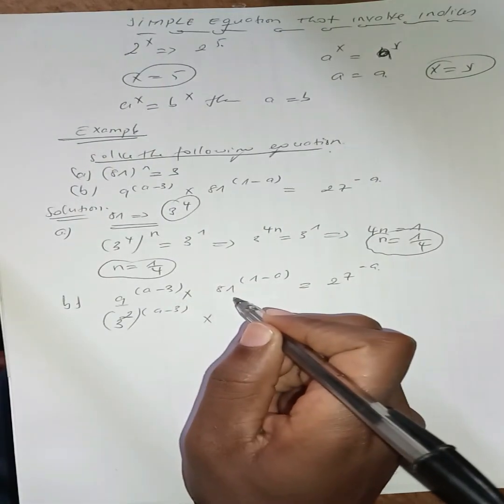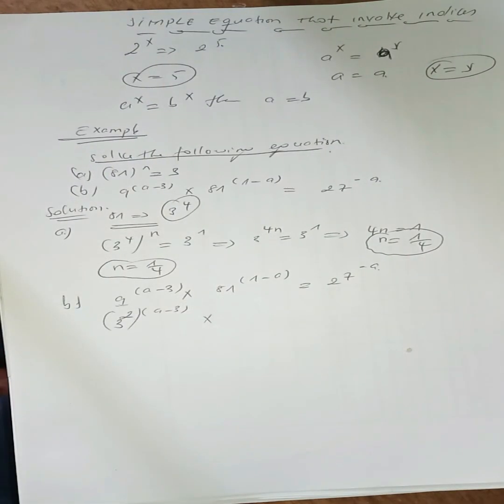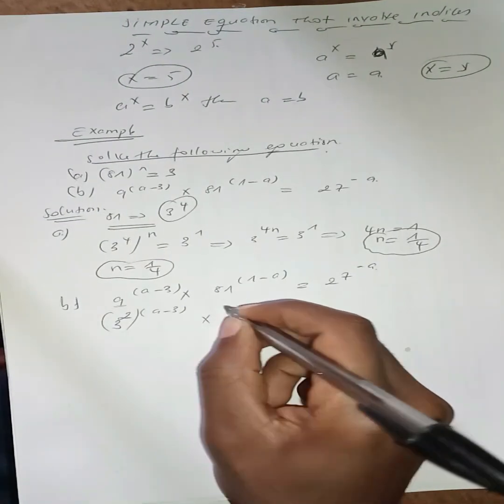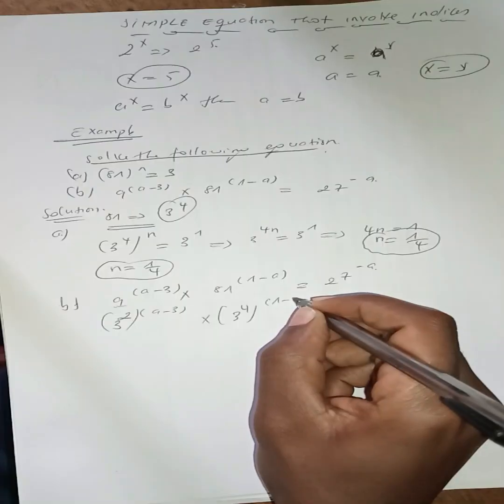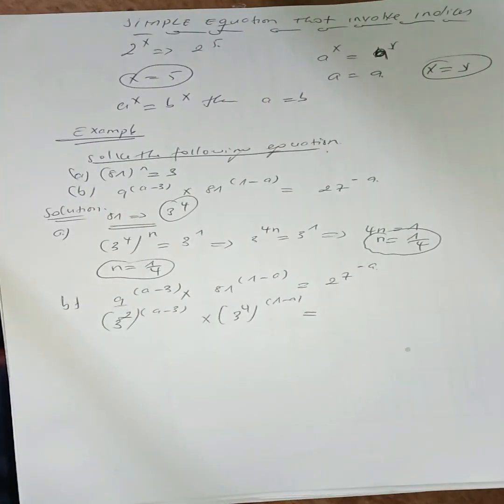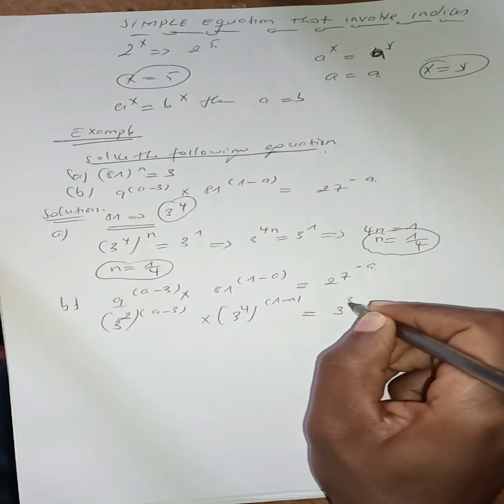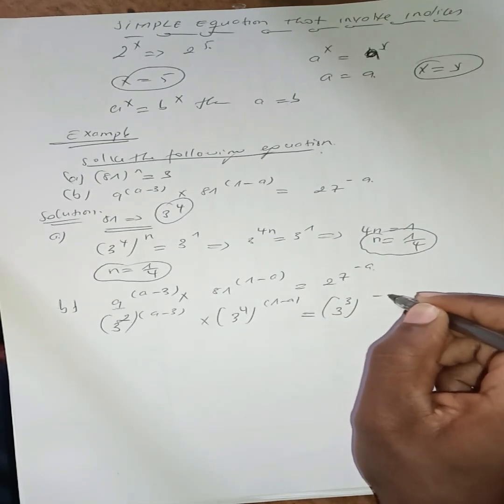Times 81, which is 3 power 4, then power 1 minus a, which is equal to 27. 27 is 3 power 3, then power negative a.